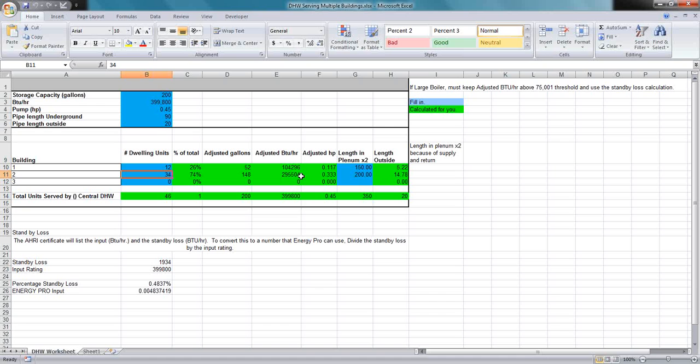So that's a very important thing to remember, and you want to make note of that in your modeling assumptions, or however you document your inputs for modeling. You might want to say that this was an adjusted factor. We put it in there as 75,001, so we can ensure we have the correct standby loss calculation.